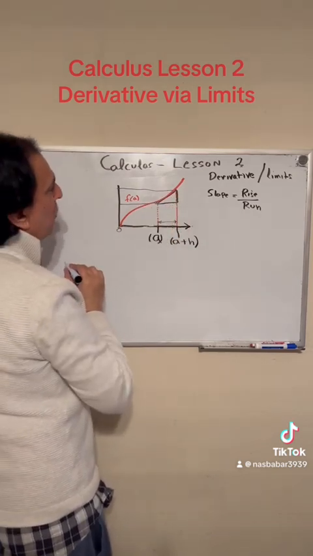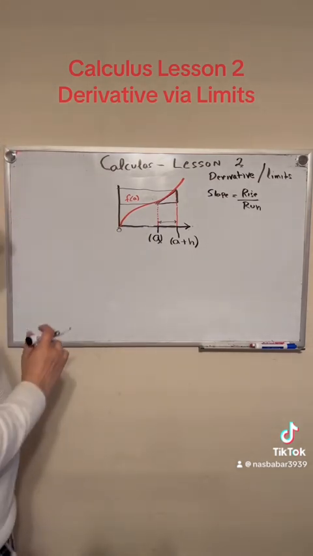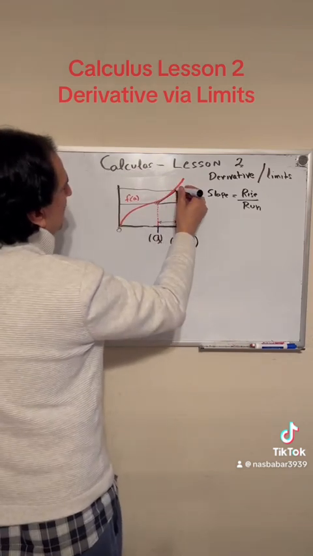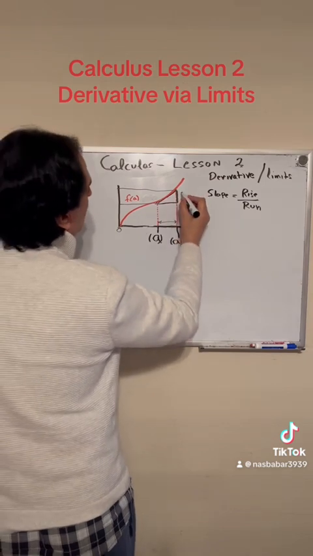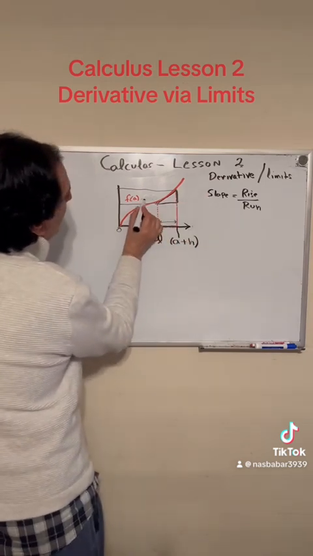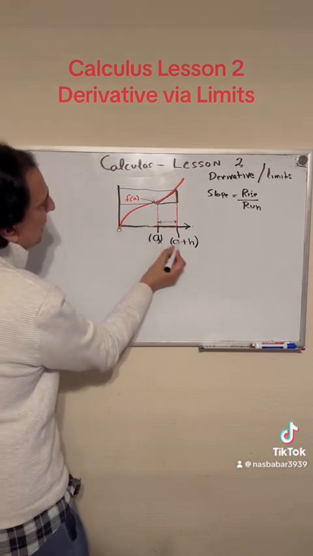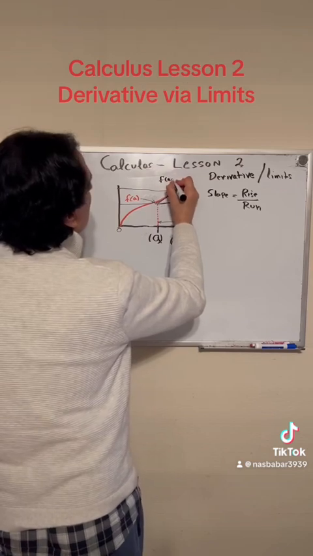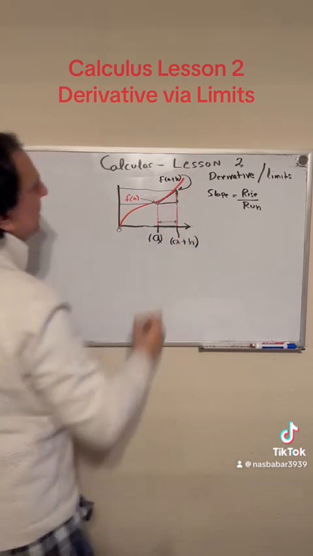Now what we need to do is find the rise, okay? So the rise I know is going to be this point right here minus this point. That's my rise. So what is the value? I know this is the function of a, as you can see, and over here it's the function of a plus h at this point, okay?